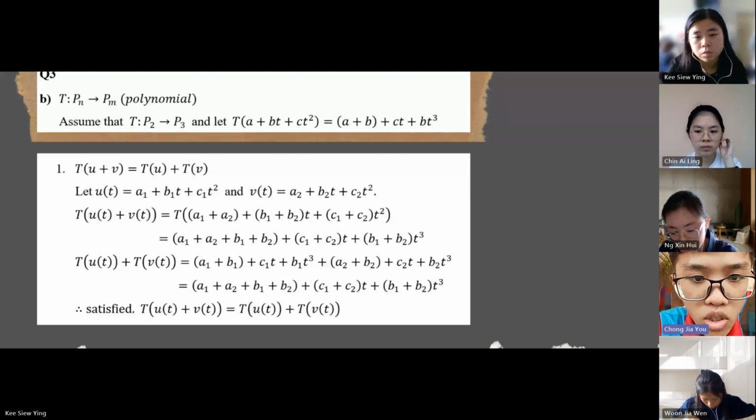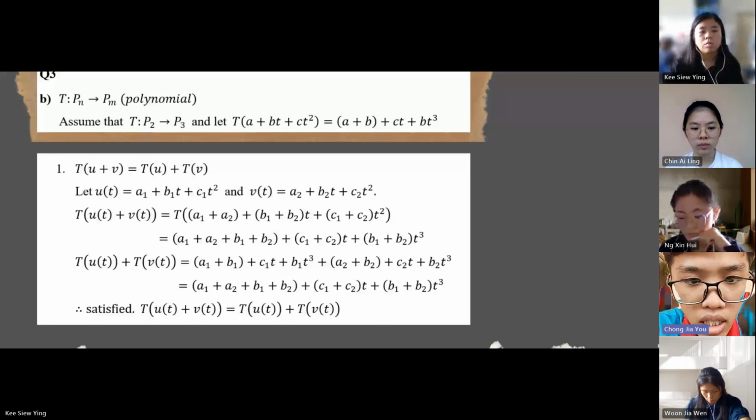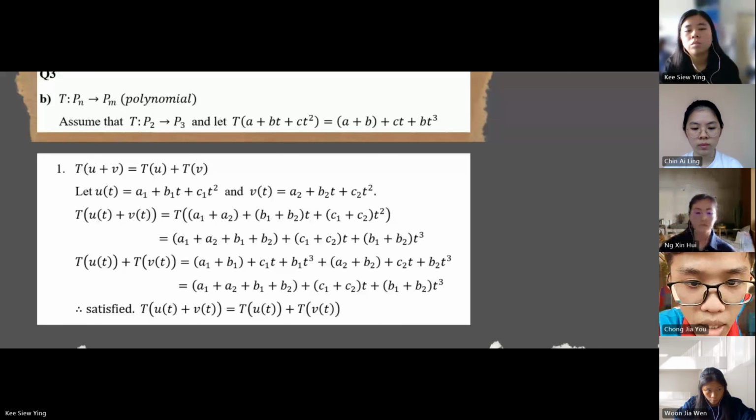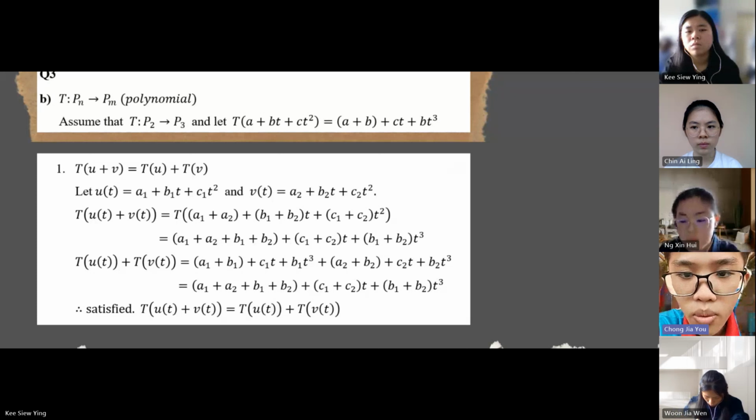Then we prove the right-hand side, which is T(U(t)) + T(V(t)). In this case, we expand it and become (a1 + (b1 + c1)t + b1t³), and then plus (a2 + (b2 + c2)t + b2t³).